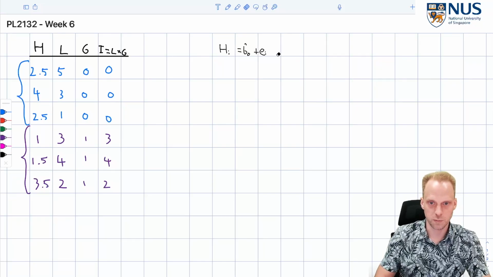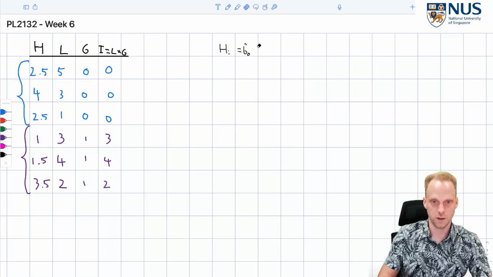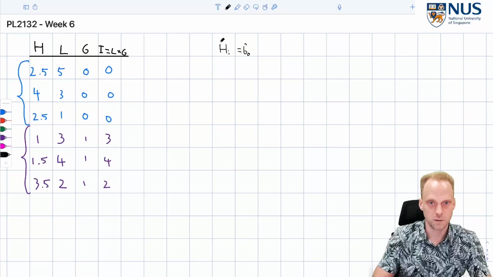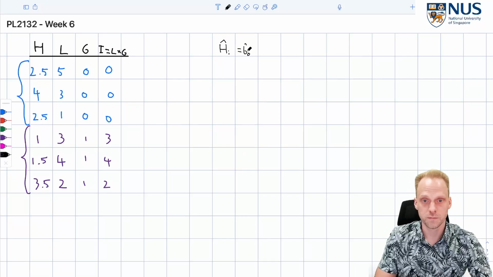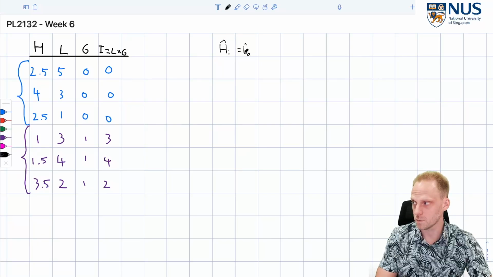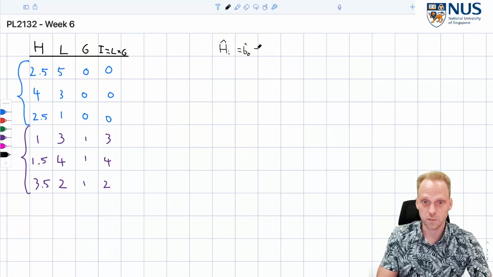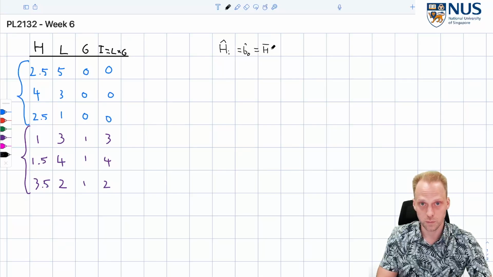We can make it a bit simpler, remove the error, and talk about the predicted value of h. In this case, the predicted value is only this one intercept. Since the errors have to add up to 0, this intercept will exactly equal the sample mean, and the errors are the deviations from the sample mean.